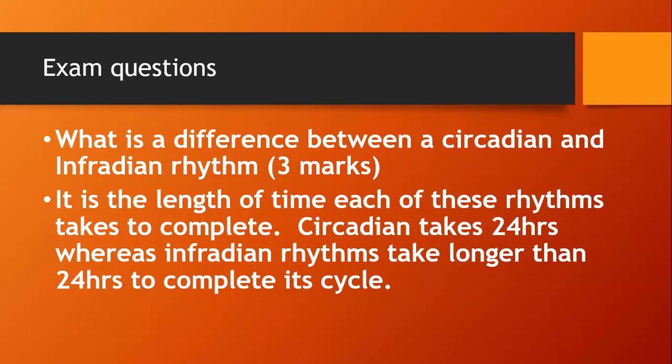But remember, it's looking for a difference. What is the difference? 3 marks. It's the length of time each of these cycles take. Circadian 24, whereas, compared to, remember the words, looking for a difference. Right, I'm sure you've got that now because we've done so many different questions last year, so you'll be great.